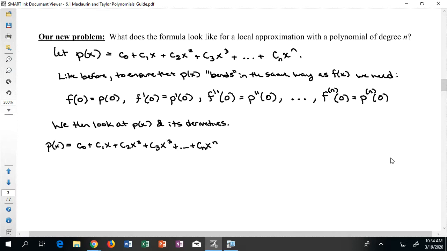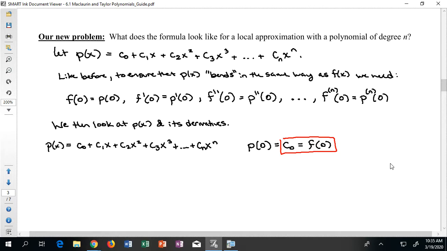And what I want to be the case is that when I plug in 0 for all the x's, I want that to be the same as f of 0. Of course, if you take a look at that polynomial, what do you get when you plug 0 in for all the x's? Well, you definitely just get back c0. And if I want that to be f of 0, then boom, I found a formula.